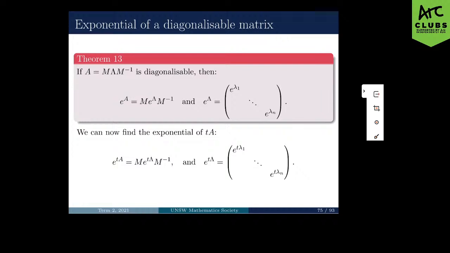Similarly, e to the power of t times A is equal to M times e to the power of t times lambda times the inverse of M. And for e to the power of t times lambda, similarly, we just exponentiate the terms along the diagonal and leave the rest at 0.